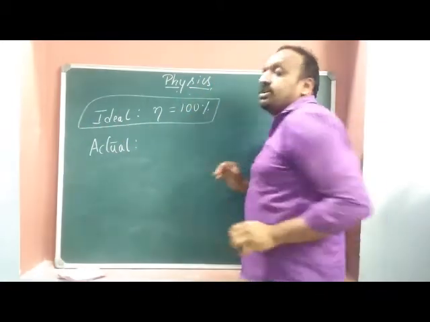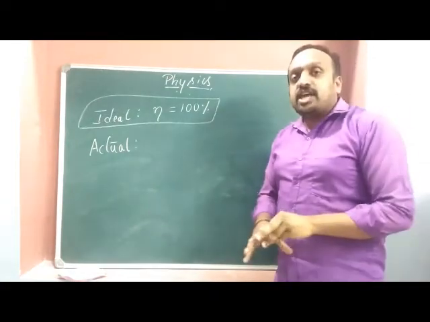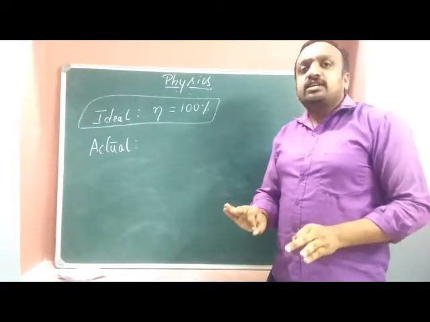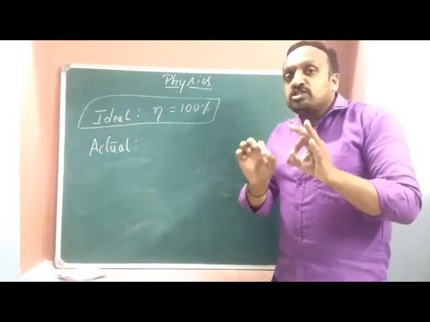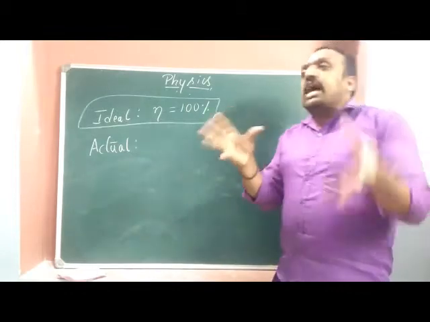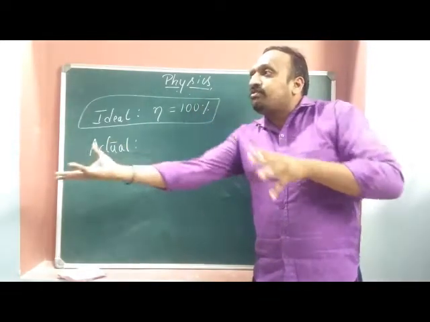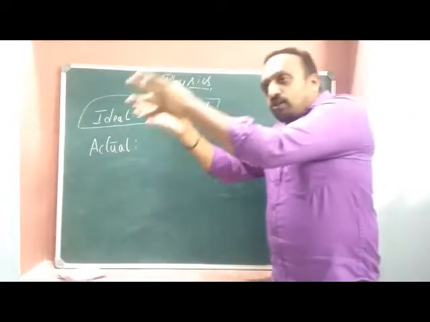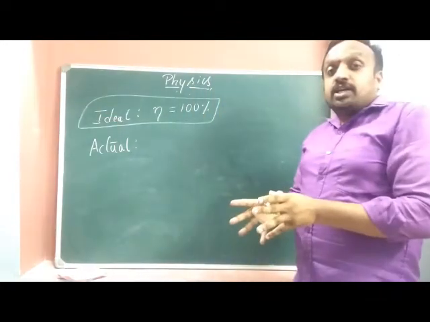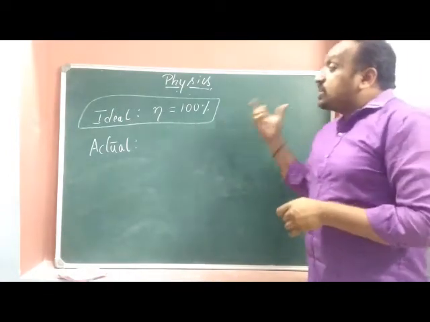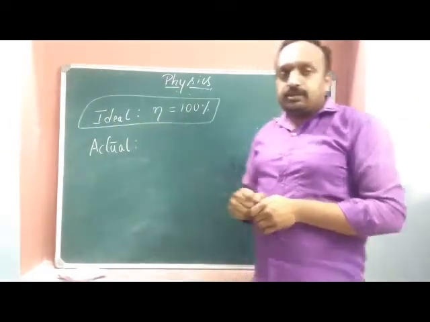Efficiency equal to 100% means it is very clear that there is no loss of energy. How much work I am putting in, that much I am getting back. Nothing but the work output divided by the work input is the same. So that is called the ideal machine.